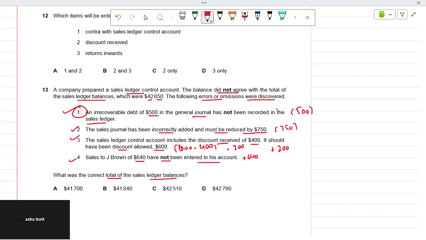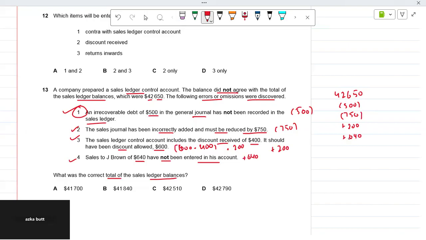So now what was the initial total? Initial total is this, 42,650. Okay. So now we will subtract the 500 from here, subtract the 750, add 200 and add 640.